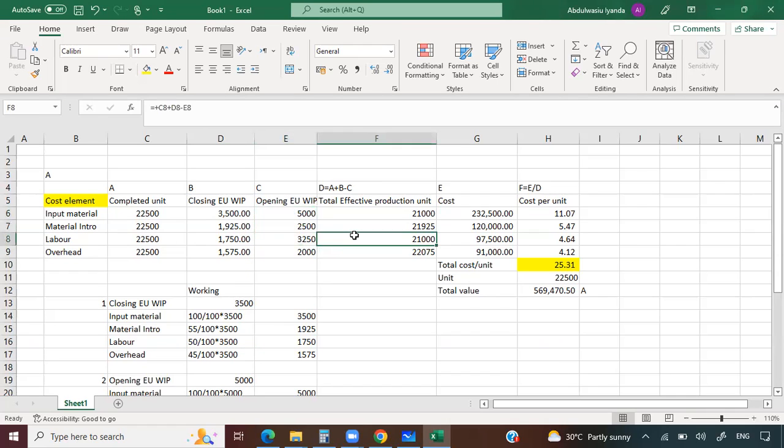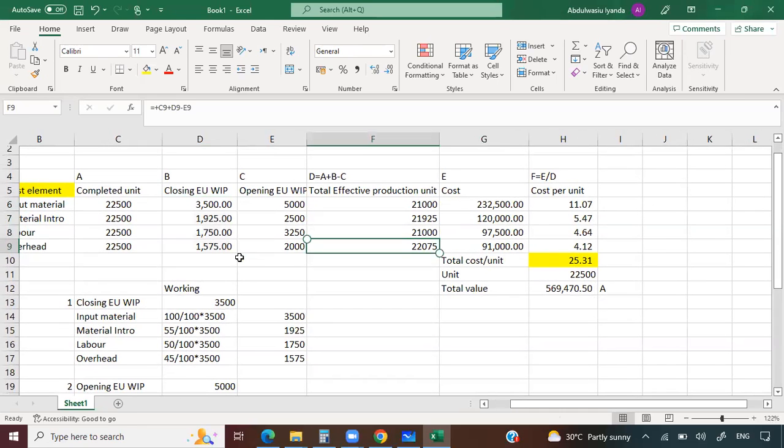Then we'll get our total effective production units. So this is what you start with as your opening. This is also what you close with. Then total, I can even see I've labeled it as well. That is how we get each of these, so see that very well.